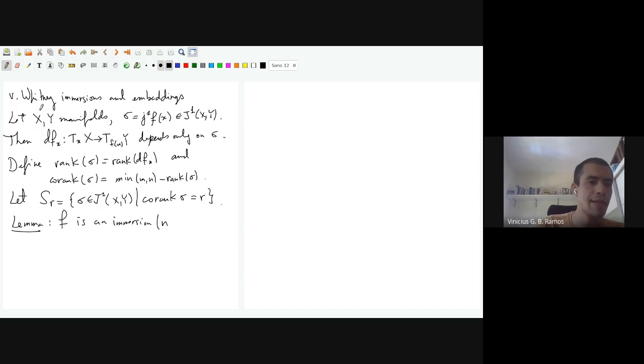I always say that n is the dimension of X and m is the dimension of Y. So immersion in the case n is less than or equal to m, or submersion in the case when n is greater than or equal to m, if and only if the image of the one jet of f does not intersect the union of all the S_R for R greater than or equal to 1.